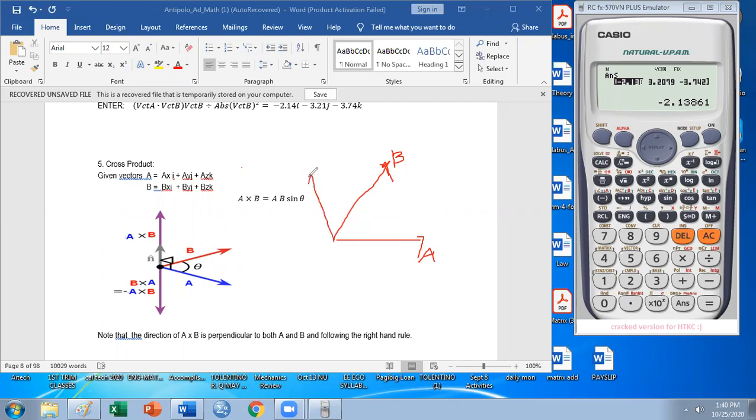So the direction of A cross B is perpendicular to this and perpendicular to that.